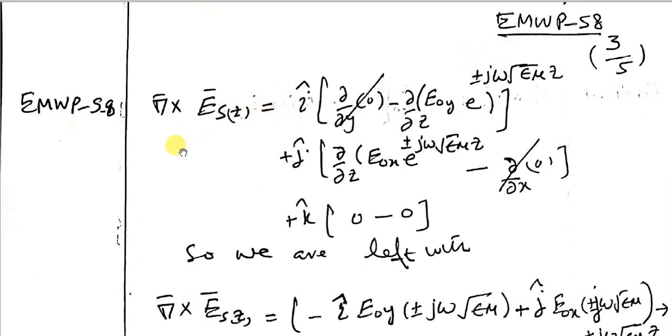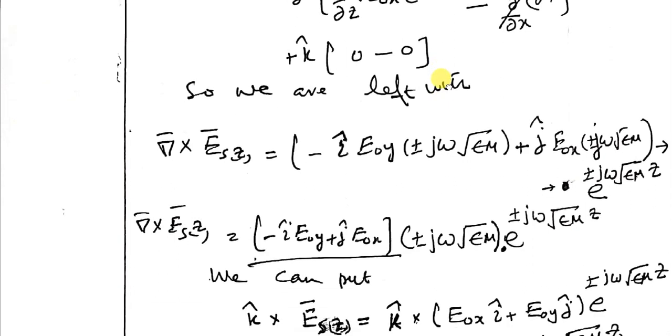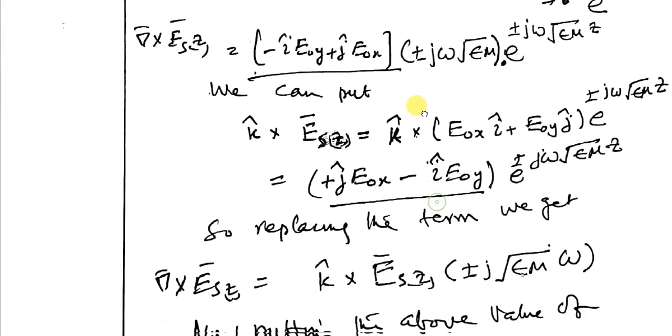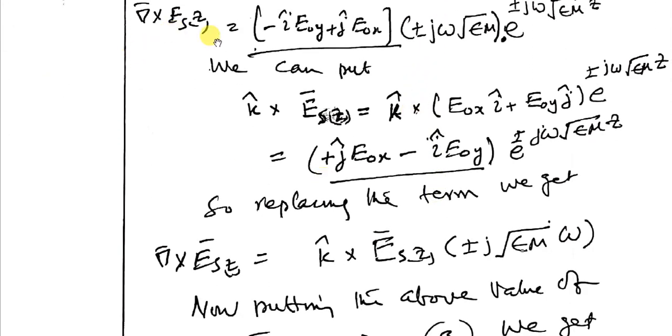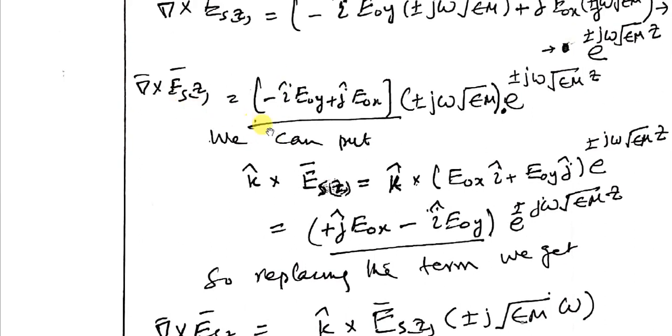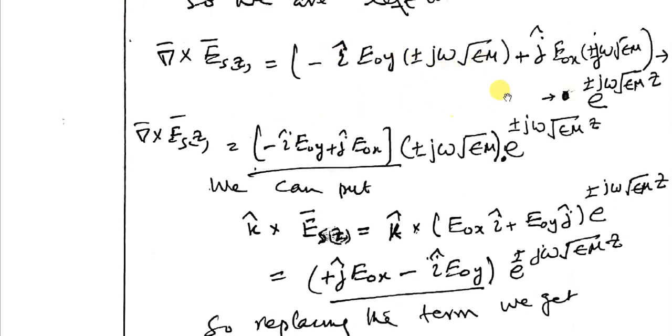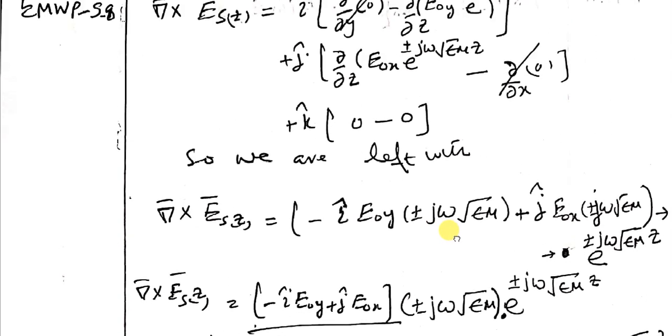So if you take the curl of E of sz, that is self-explanatory, very simple. We have done it in the class, and you know it, so I'm not going to take the time over here. Simplifying that, we get the curl of E of sz as minus i E naught y plus j E naught x, which comes from the cross product we have taken.